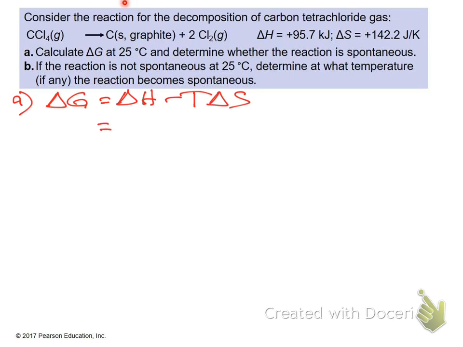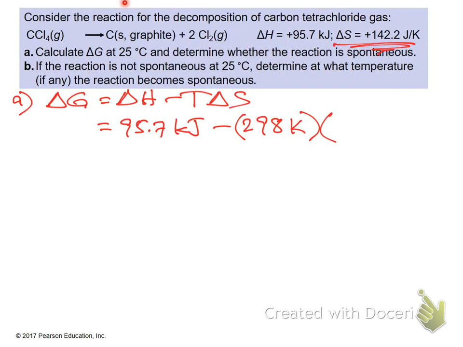And we know the delta H value here is 95.7 kilojoules. And then we're going to subtract temperature times delta S. But first we have to convert degrees Celsius into kelvins, so 25 plus 273 gives us 298 kelvins. And this is multiplied by delta S.